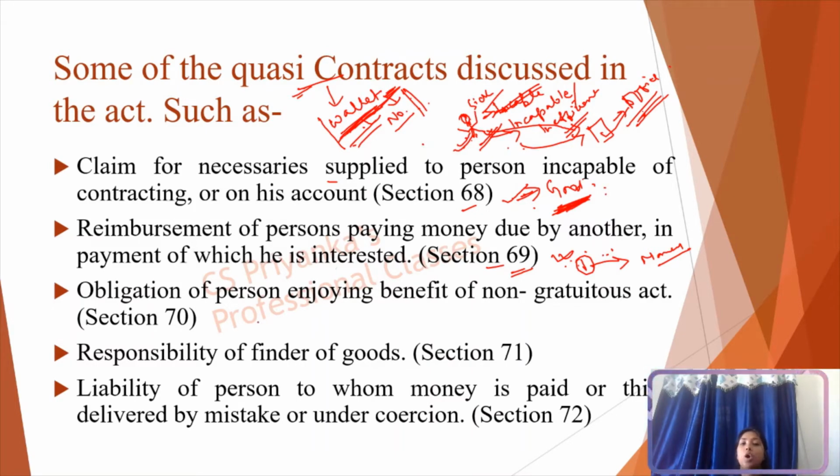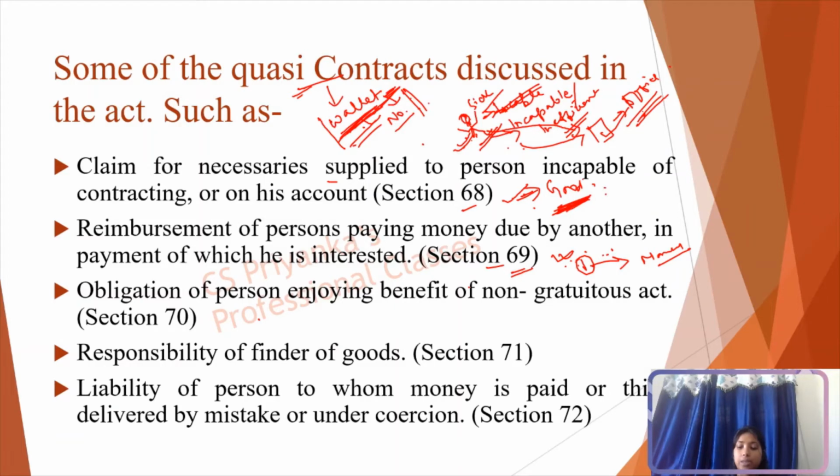Section 70 is the obligation of a person enjoying the benefits of a non-gratuitous act. An obligation means a person's responsibility when enjoying the benefit of a non-gratuitous act. What do you mean by non-gratuitous act?